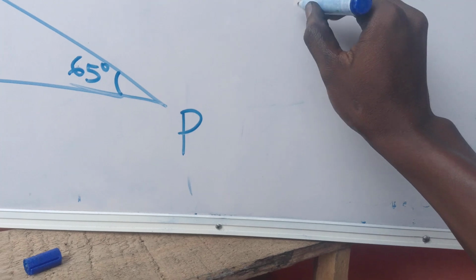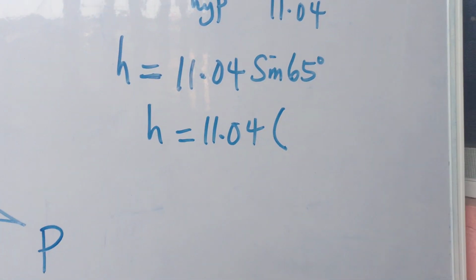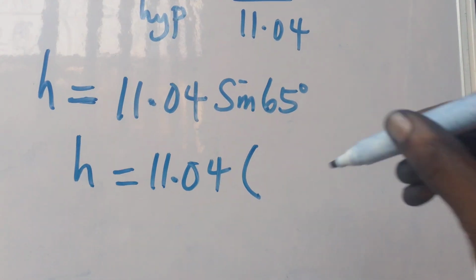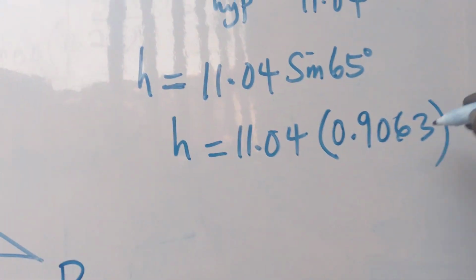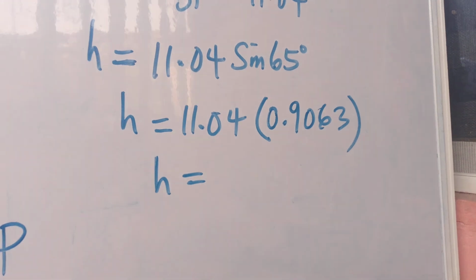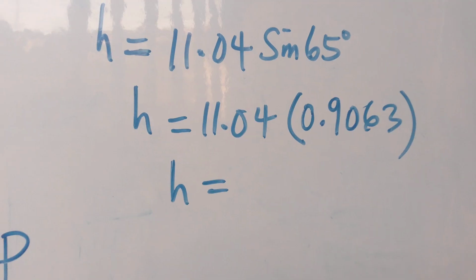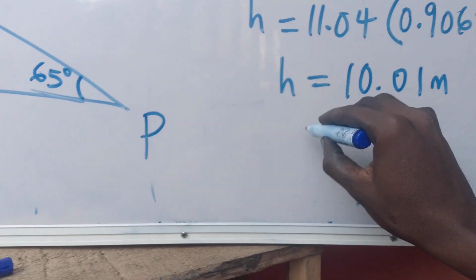That means H equals 11.04 times sine 65, which is 0.9063. So H equals 11.04 times 0.9063, which gives you 10.01 meters.